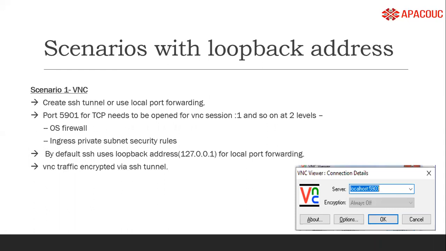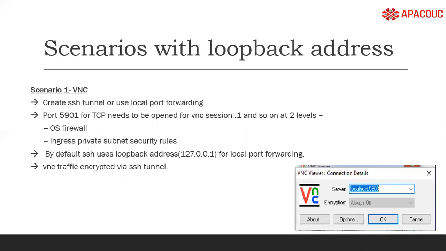For the scenarios with a loopback address, let's take a typical one. If you want to have a VNC session to a DB server in our private subnet, we first create an SSH tunnel using local port forwarding.